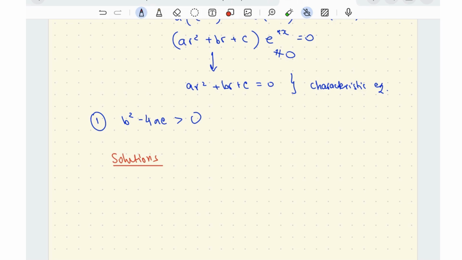Now, the following is a theorem about second order linear differential equations.